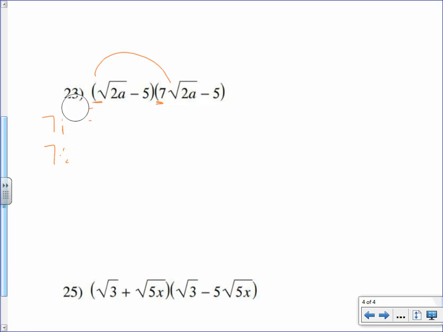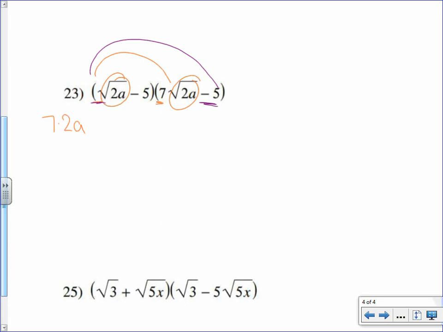Or we can notice that anytime you multiply a square root times itself, the square roots go away. So it's up to you if you want to show the extra step. Then we do the outers.